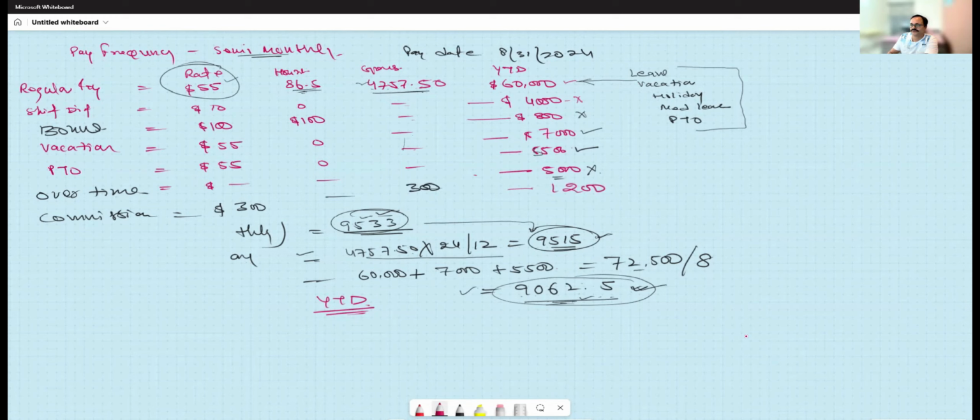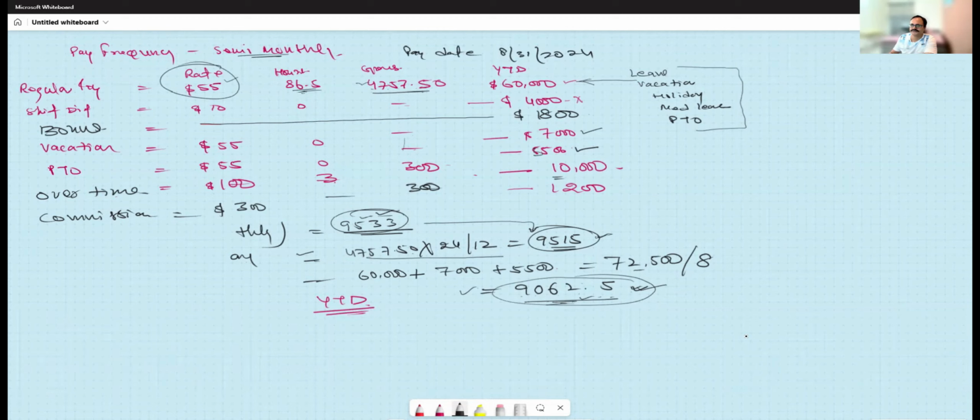Overtime he worked, his rate is $100 per hour. This time he worked 3 hours, so 300 is this time. But overall in the last 8 months he has earned almost $10,000. And bonus: this time there is no bonus, but overall he has earned 1,800 bonus.